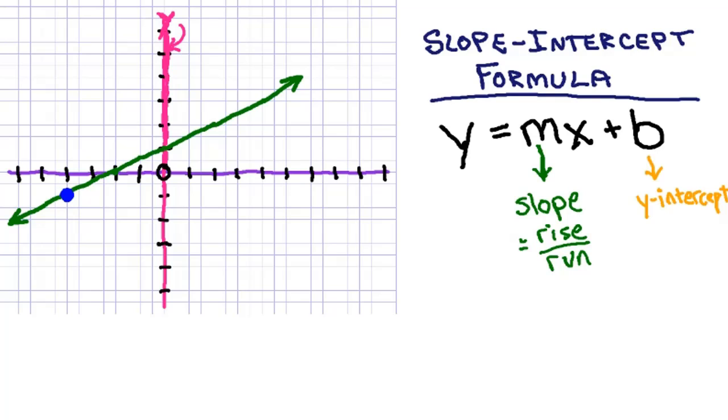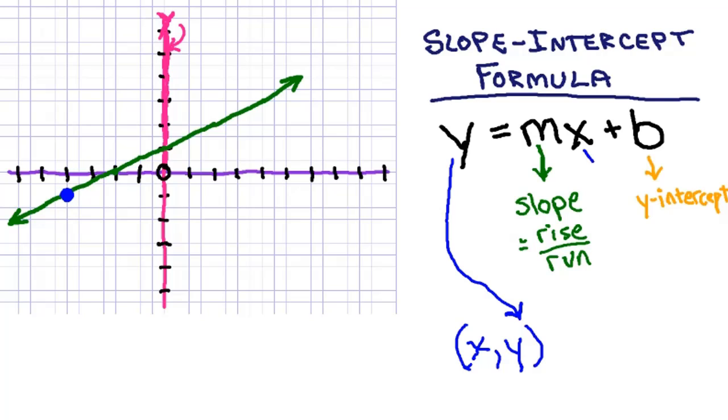That's the y-intercept. And then we have the y over here, and that's just going to be that y value, x comma y, for your point when you go to make a point on the graph.